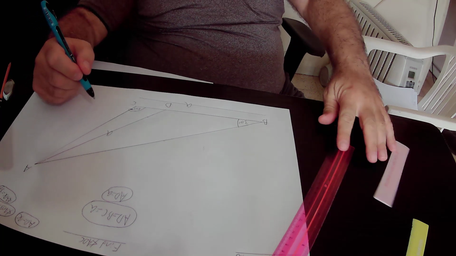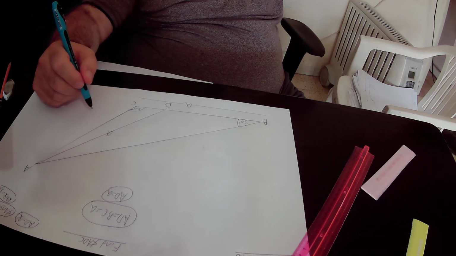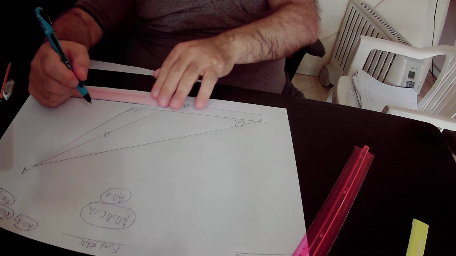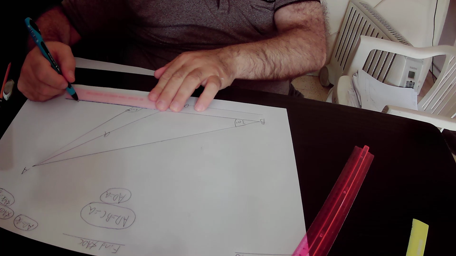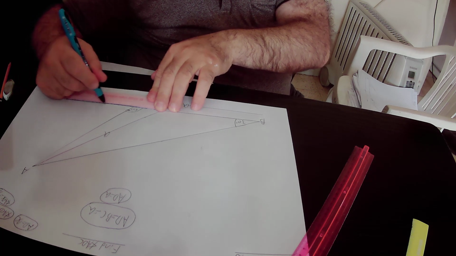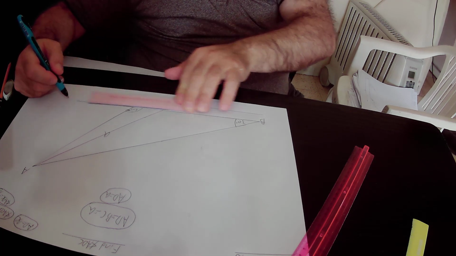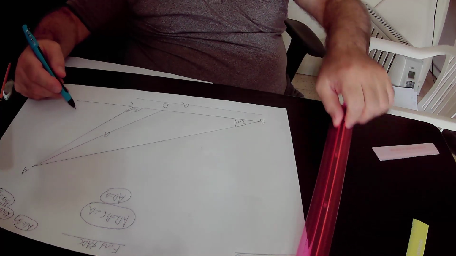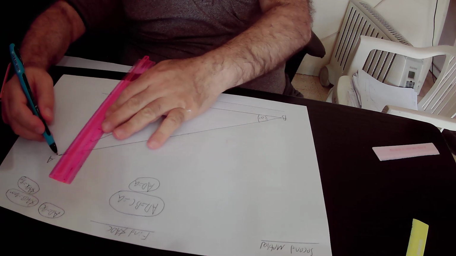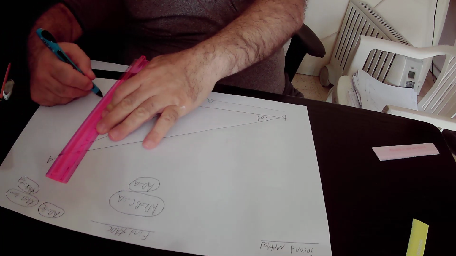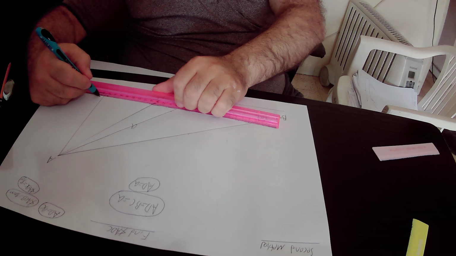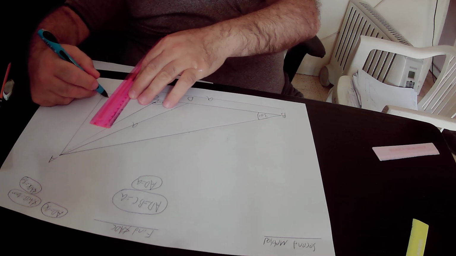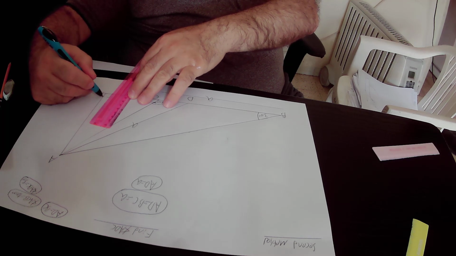In the next step, we will extend side BC by a straight line, and from point A, we will draw a perpendicular to the extended BC. So this angle will be equal to 90 degrees, and this angle will also be equal to 90 degrees.